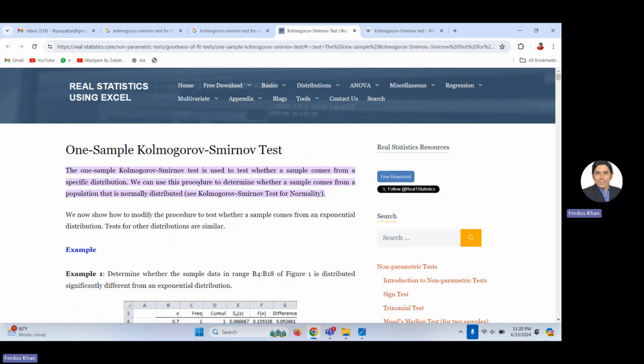We can use this procedure to determine whether a sample comes from a normally distributed population, or Poisson, or binomial, or some other distribution. It's not necessarily only normality; you can test any distribution. You just guess the distribution the data may come from, and you can confirm it using the Kolmogorov-Smirnov test.